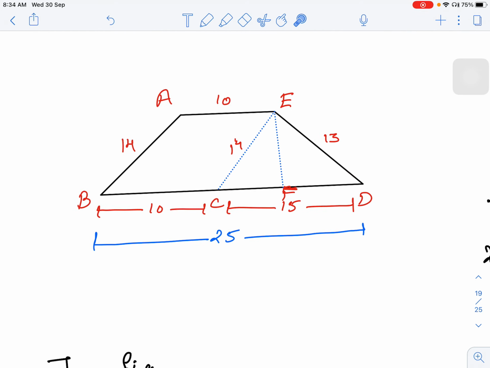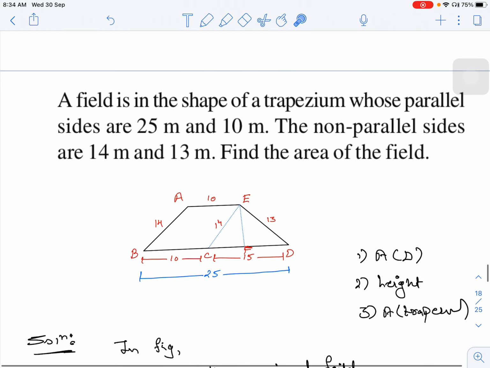This AB is 14, therefore EC is also 14. AE is 10, so BC is also 10, and ABCE becomes a parallelogram. Now in this triangle ECD, this side is 14, this side is 13, and CD is 15. So we will find the area of the triangle first. Let us start it.